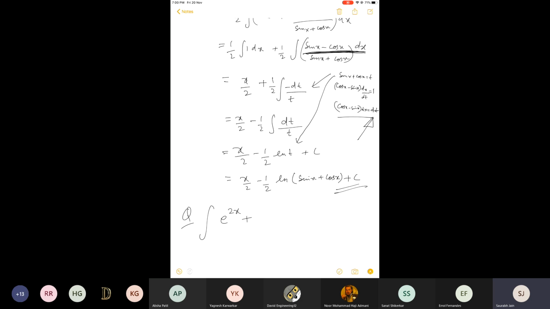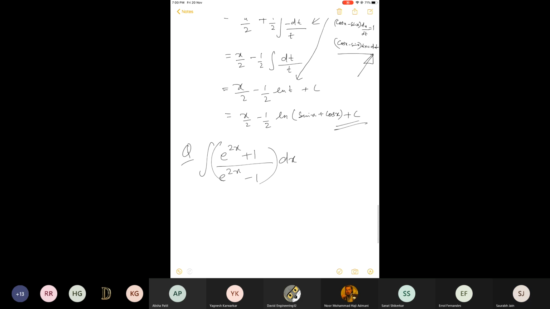There is one more question. Try this. Then we will add some formula. After this question, we'll add some formula. Solve this one: e to the power 2x plus 1 upon e to the power 2x minus 1 dx.